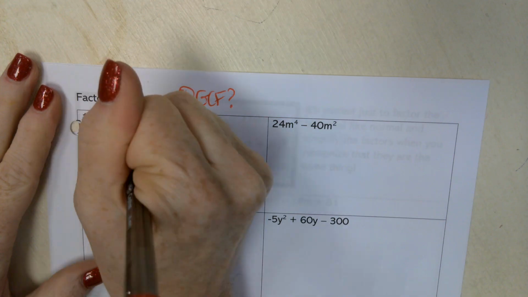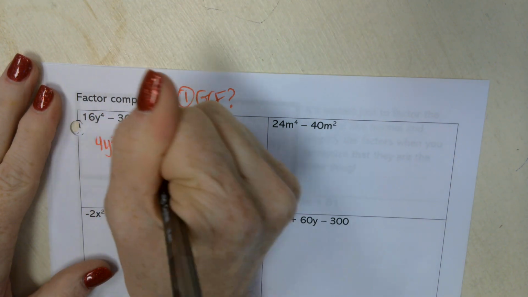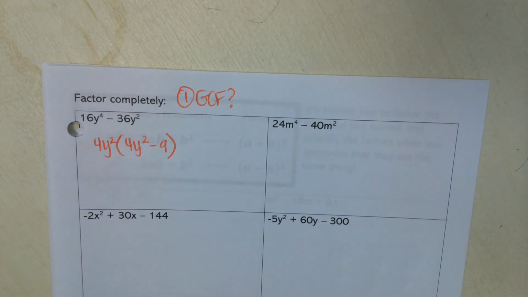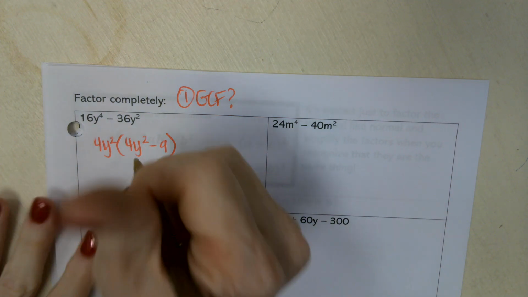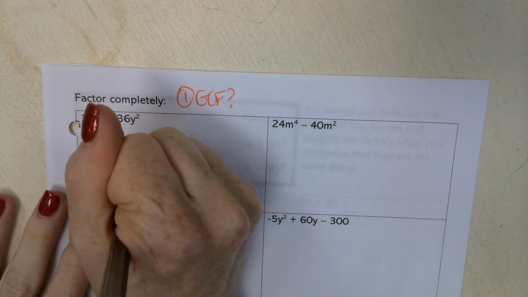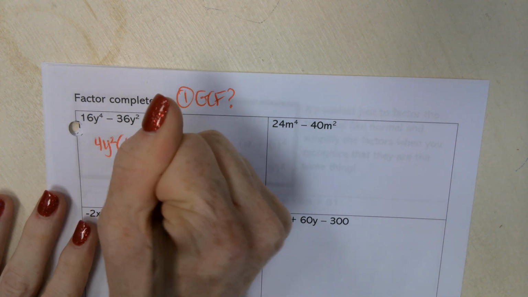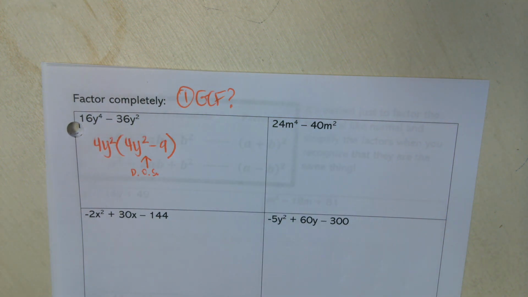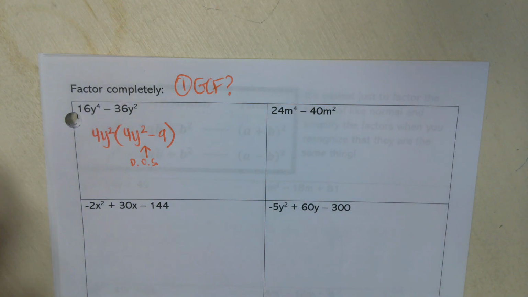That leaves me with 4y squared minus 9. I took out the GCF, but what I want you to see right here is that this is a difference of squares, and that factors more.